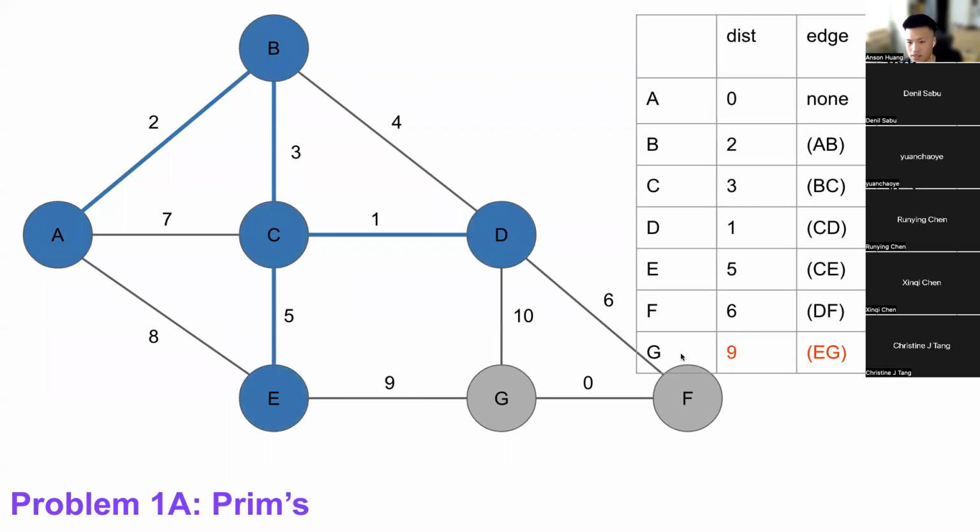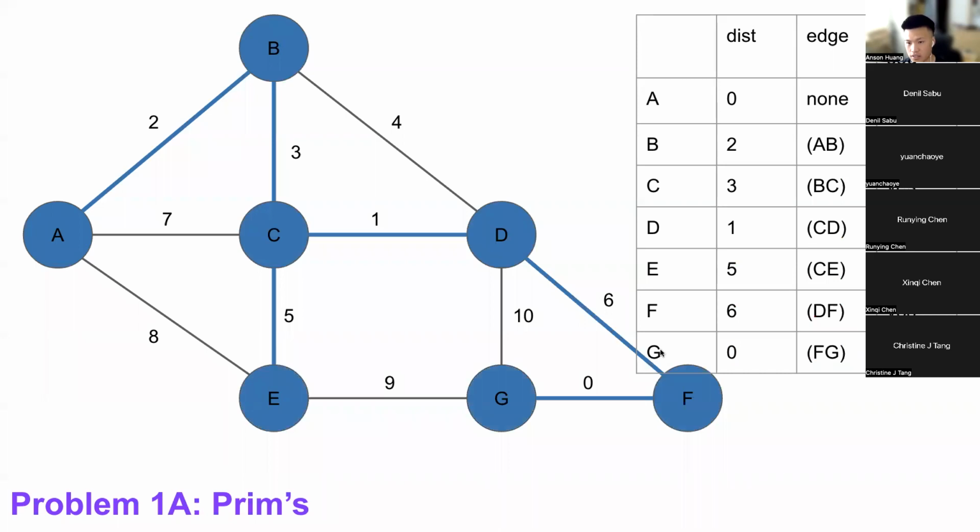So we update the distance to vertex G to be 9. Previously, it was 10, and that 10 comes from D to G. But E to G is shorter than that, so we take E to G instead, which is 9. And then D to F is going to be 6.